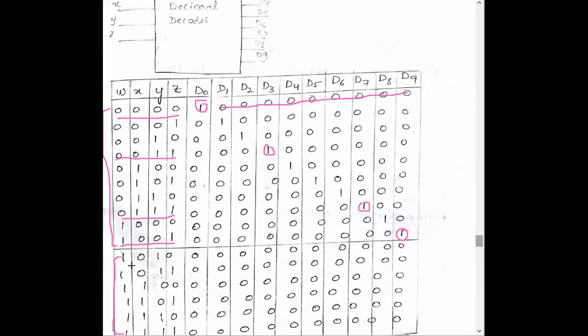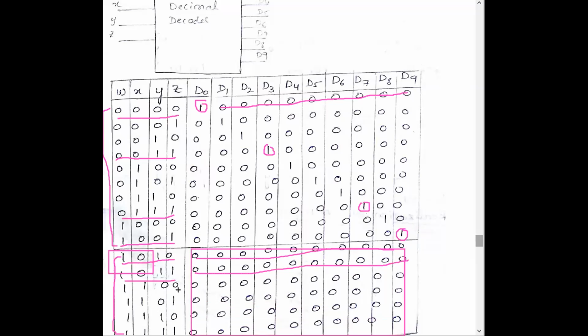If the combination is 1010, which is 10, there is no D10 line, therefore all the outputs are 0. Similarly for 11, 12, 13, 14, all the outputs are 0. For all these combinations, D0 to D9 will be 0.